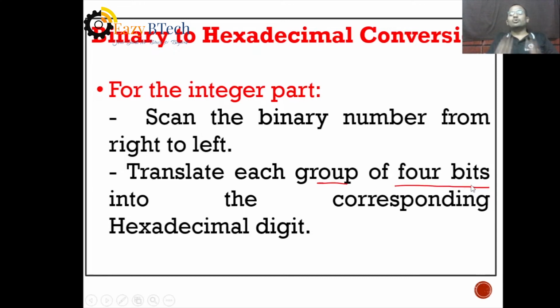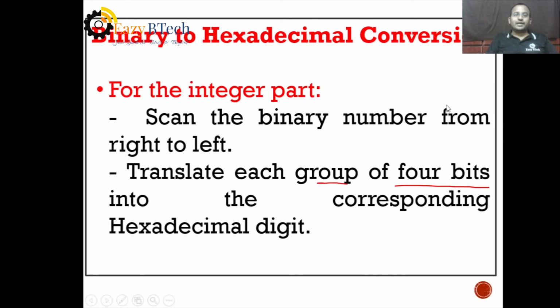In octal, while finding the octal equivalent of a given binary number, we grouped 3 bits. But here we are grouping 4 bits. So that is the difference between finding the octal equivalent and the hexadecimal equivalent. In hexadecimal, we have to group 4 bits and then write the corresponding hexadecimal equivalent.